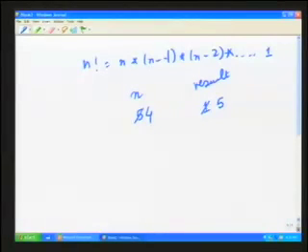And in the next step, we do the same thing, multiply result by the new value of n, and that gives us 20, decrease the value of n by 1, and we keep doing this. So in the next step, 20 becomes 60, n becomes 2, and in the next step 60 becomes 120, and n becomes 1.